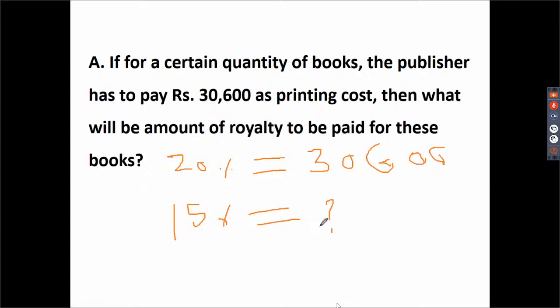Do you know how to solve it, ma'am? Cross multiplication. 15 into 30,600 by 20.